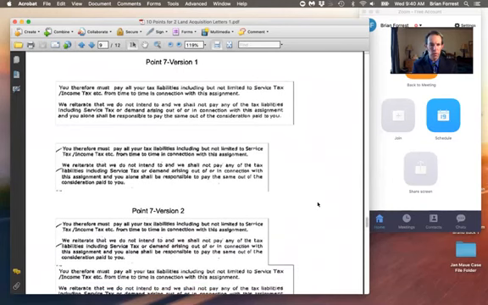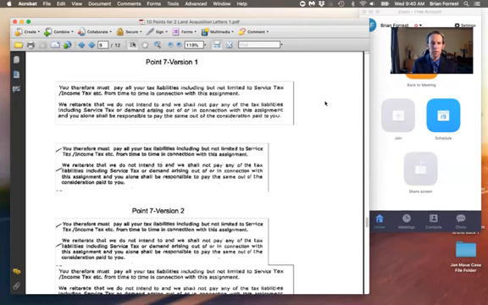Point 7, version 1, also talks about the last 2 paragraphs of clause 17 and clause 18.